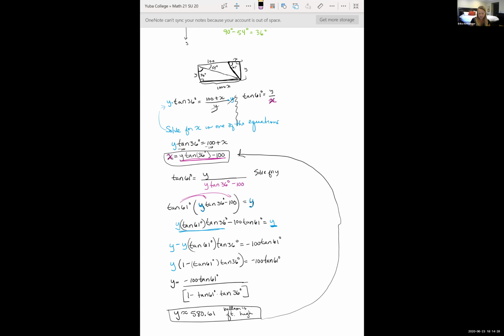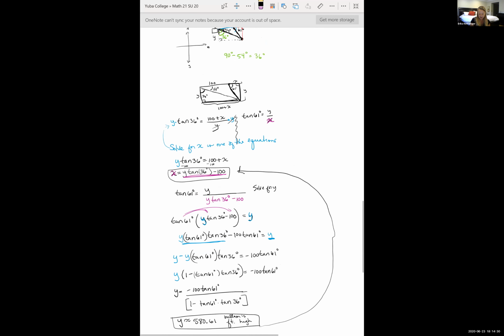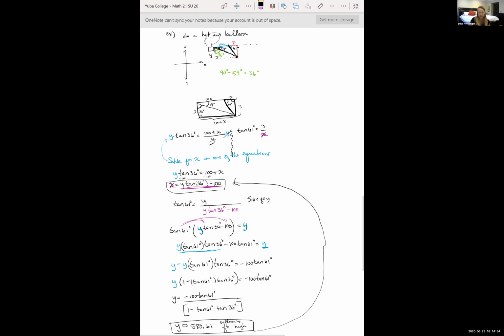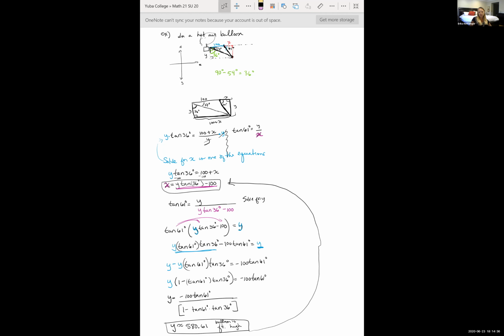Sometimes when drawing these pictures, they get a little bit complicated. You've got to sometimes use some information from geometry to help you. Like we know that if you have a 90-degree angle and you're given one angle, then we can figure out what the other piece is.